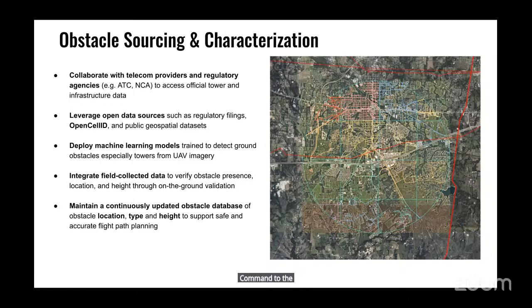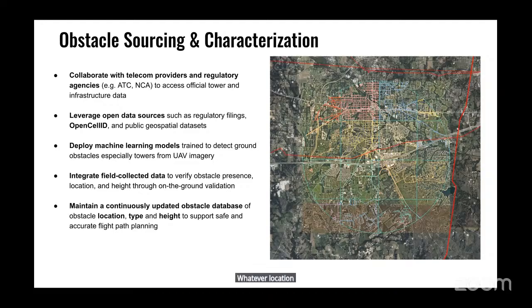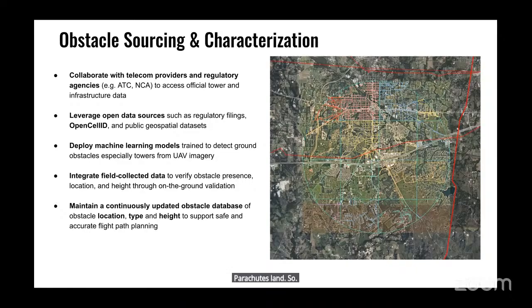That is going to cause the Zip to hold in whatever location it is at and discontinue flight. From there, we can issue more commands, like we want you to parachute land. Once it is held, we can cause it to parachute land. We can give it a command like return to nest, so it discontinues the flight and returns to the nest.